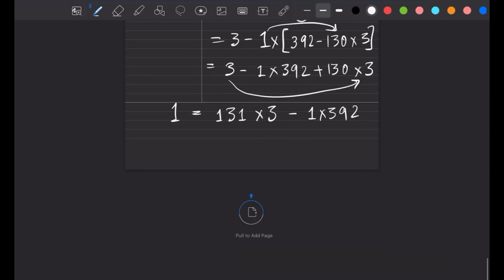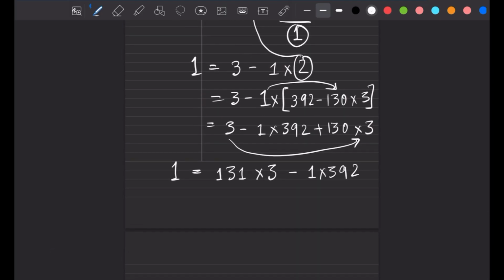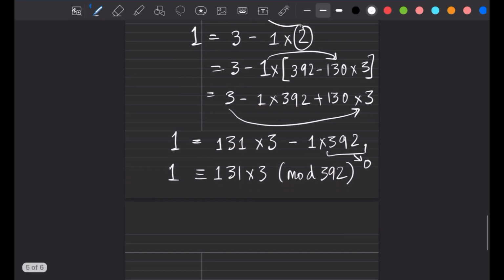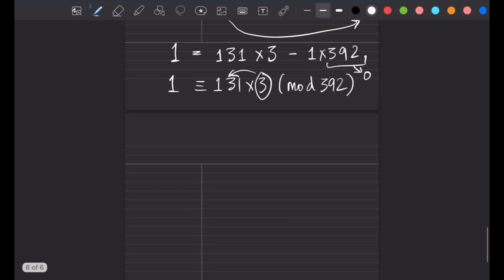Okay. Now, if I take the modulus of both sides modulo 392, you know that this disappears because it is congruent to 0 modulo 392. And I have the inverse of 3, which is 131.